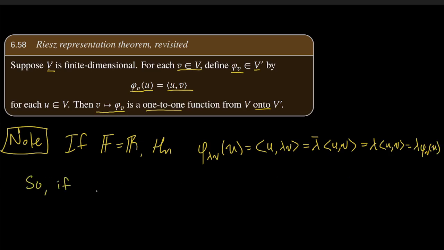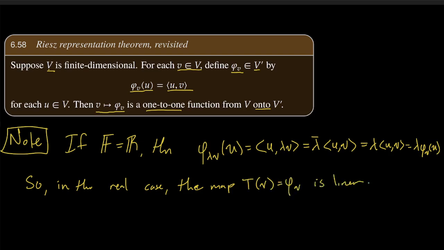So, in the real case, the map T of v equals phi_v is linear, i.e. T is a linear map from V to the dual space if V is a real inner product space.